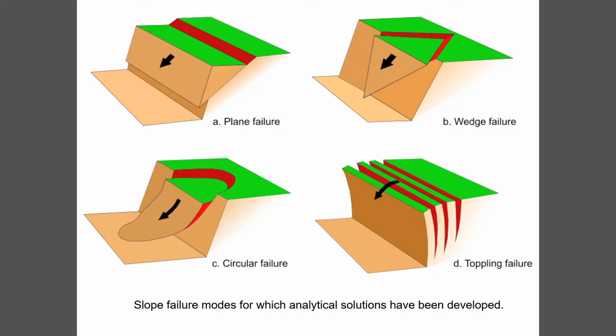And then an unusual one on the lower right, which I'm really not going to deal with very much in this lecture, is toppling failure, where you have vertical columns or slightly inclined structures which allow the columns to topple.